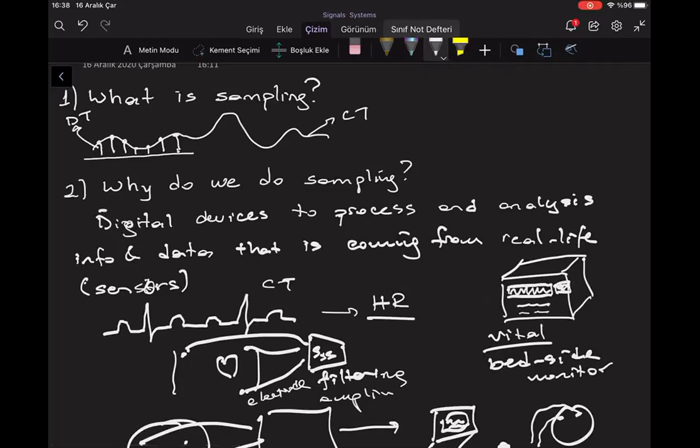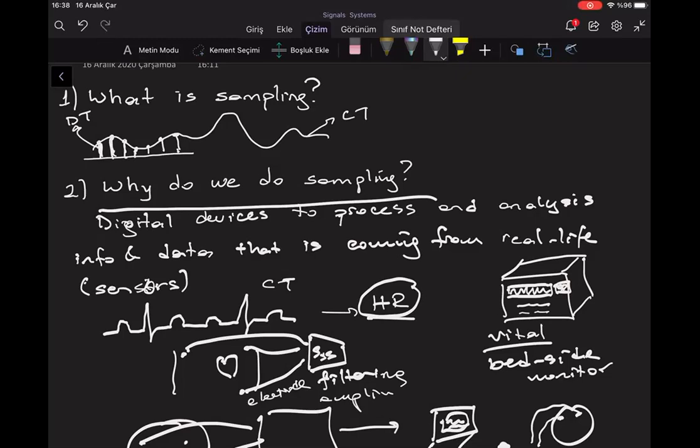Why do we do sampling? Because I am going to use those samples in devices to further process my data, to extract heart rate, to extract alpha wave amplitude, alpha wave, beta wave ratio, right?